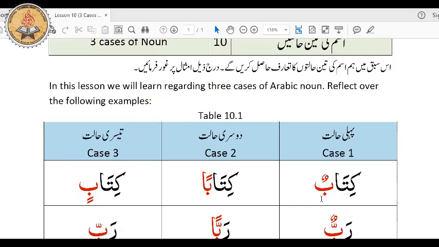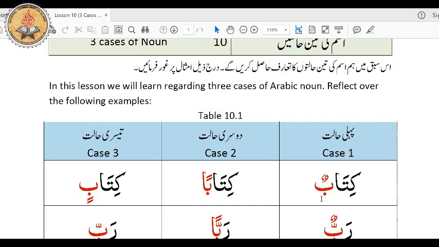For example, in case 2, kitabun becomes kitaban, and you can find a change as well. There are two fathatain on the last letter, which is ba, but also a connected alif after that, because this is rasmul khat, a grammatical structure: when there are two fathatain, 99% of the time it is followed by alif.